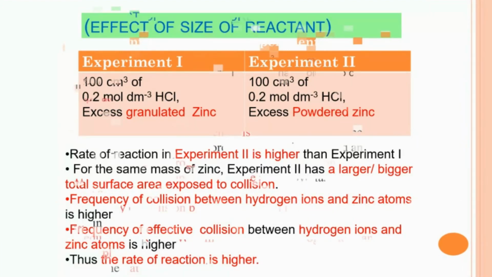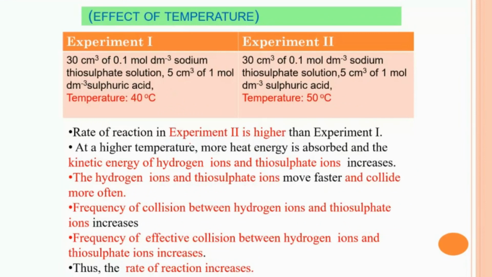Next will be temperature. Here you will see one is 40, one is 50. So experiment 2 has a higher rate of reaction, higher temperature. So kinetic energy of hydrogen ions and thiosulfate ions increases. Then hydrogen ions and thiosulfate ions move faster.